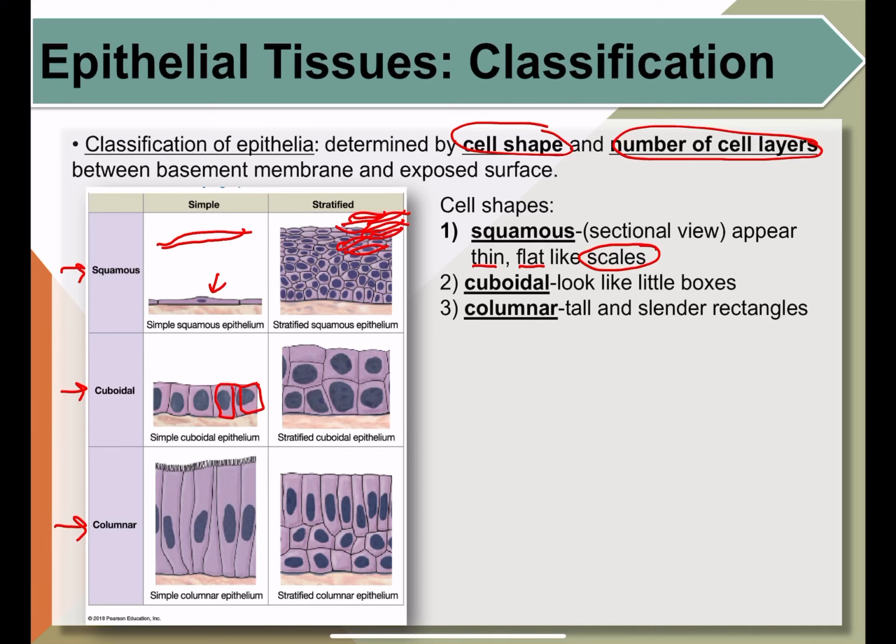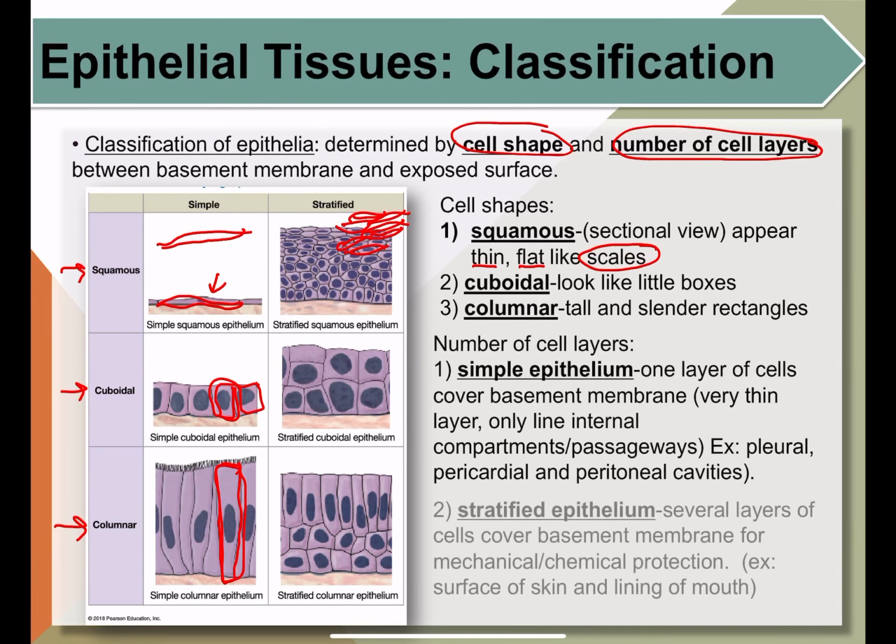And then you have columnar, which is also shaped like it sounds, like columns, with tall, slender rectangles as a cell. So columnar cells, cuboidal cells, and squamous cells. And you can see how you name that piece of tissue by how they are shaped.